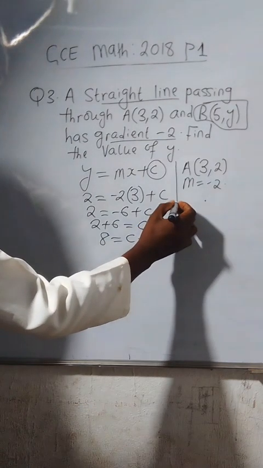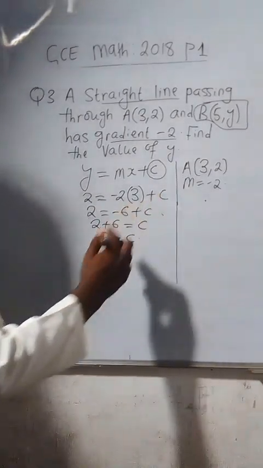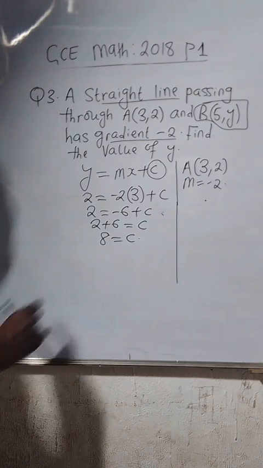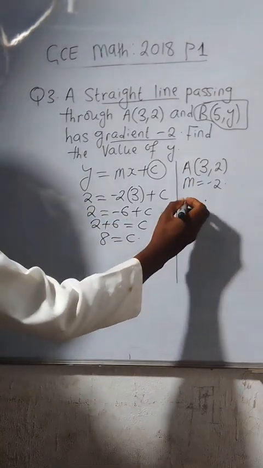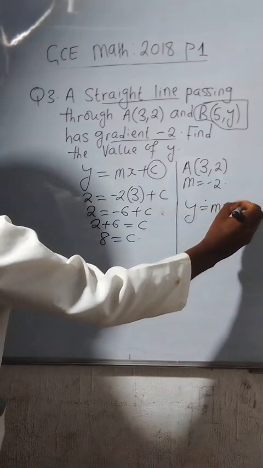Now, to find the missing component of the other point, we are going to use the same equation, y = mx + c.